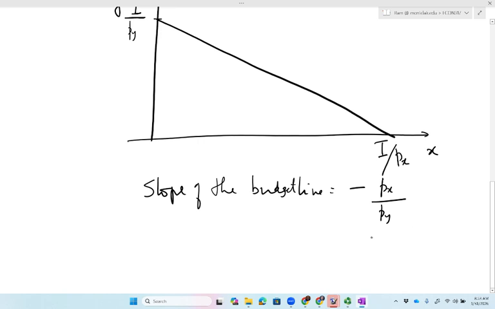So price of good X, P subscript X, price of good Y, P subscript Y, income I.